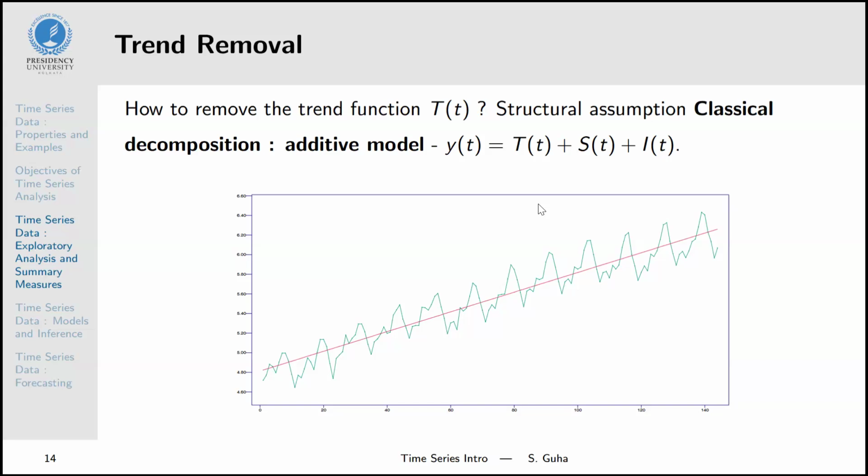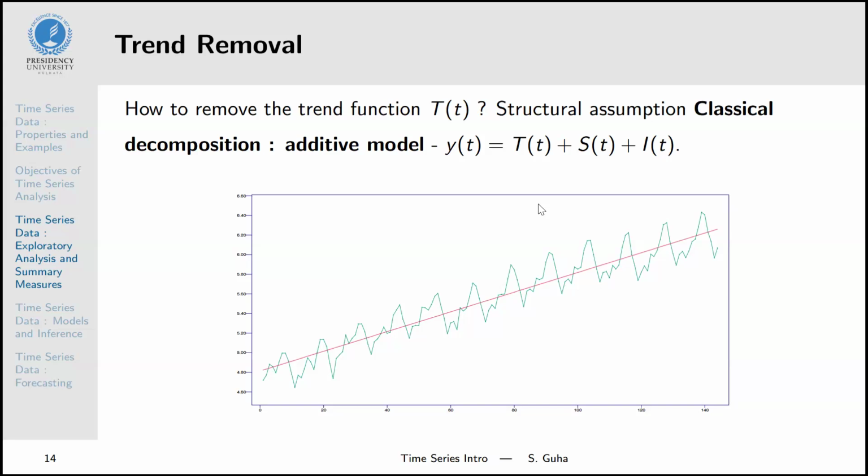How do I make this assumption? We'll discuss that later, maybe in this class or in the practical class. But we have to make some structural assumption, and one such assumption is called the classical decomposition of time series, and it is called the additive model under the classical decomposition of time series.